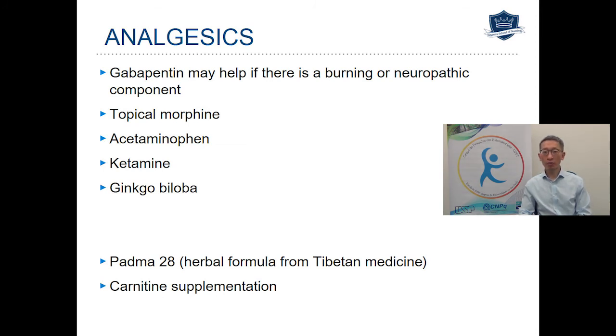It is an herbal preparation from Tibet that's been tested for the management of ischemic pain with some promising results. The exact mechanism remains unknown. We probably need to examine the product or the herb in a more careful manner to identify the active substance.